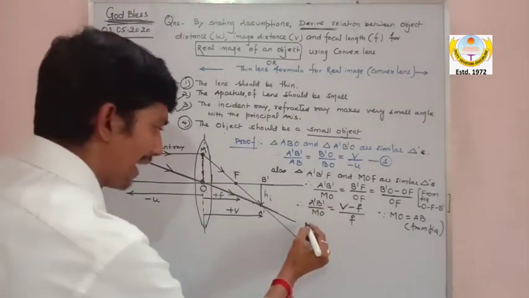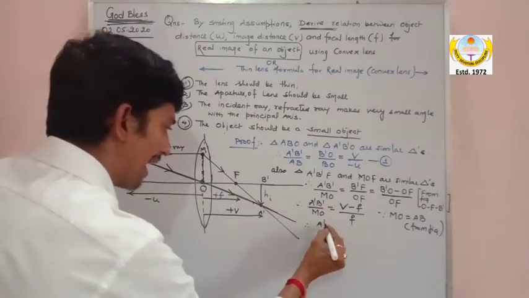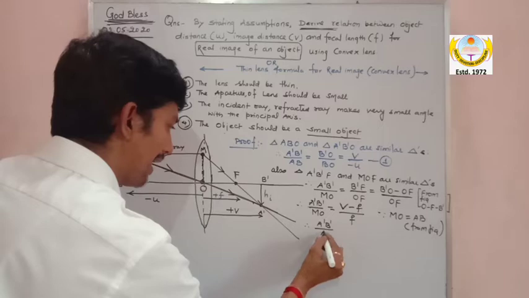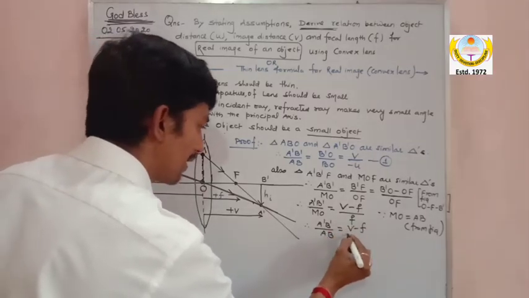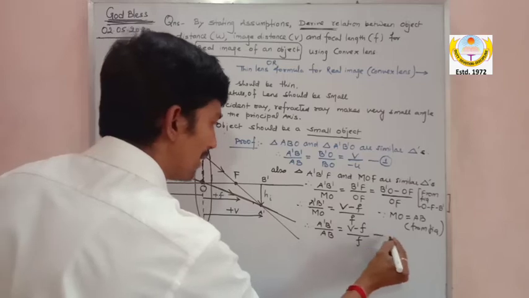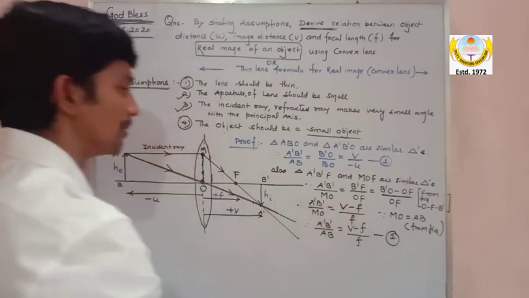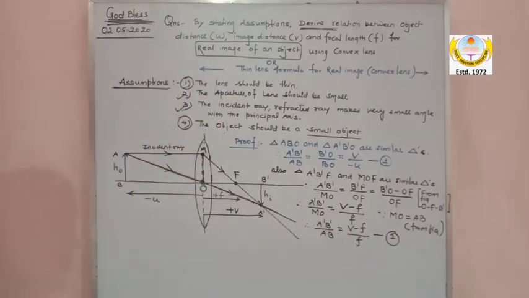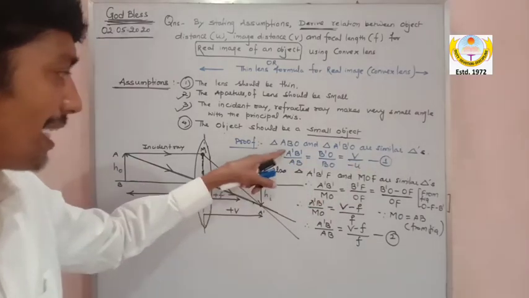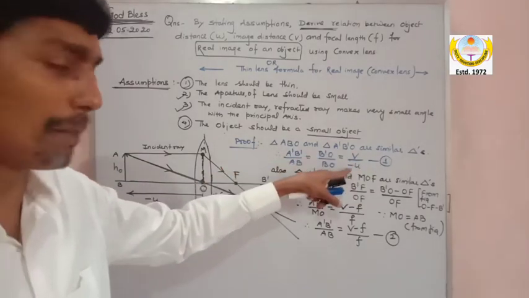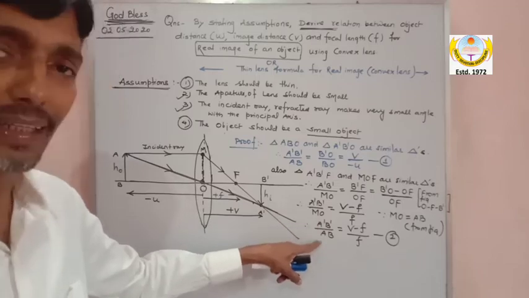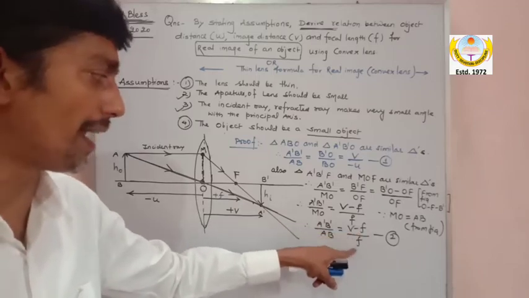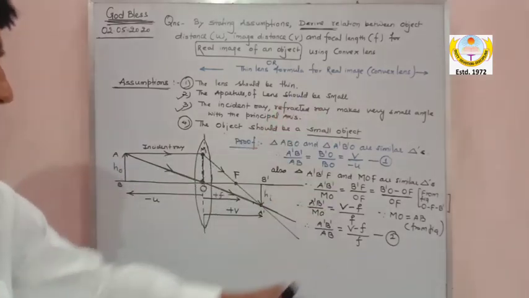So my dear, here I can write A'B' upon AB is equal to (V minus F) upon F. This I will put as equation number 2. So now equation number 1 is A'B' upon AB is V upon minus U, and equation 2 is A'B' upon AB is (V minus F) upon F after solving.